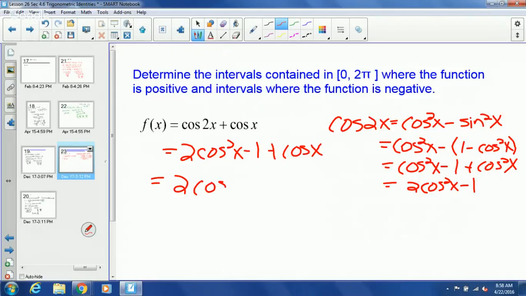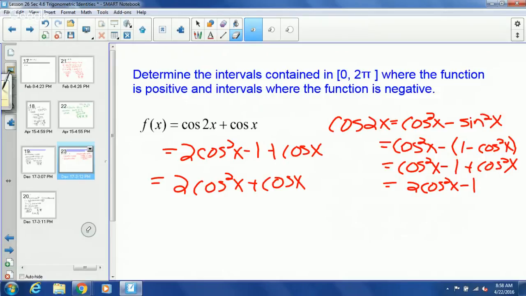So that's 2 cosine squared of x plus cosine of x minus 1, right? What can I do to that? I can factor. Now that one should be in the form you want. Remind me when we get to go back and check that over, if you factor that, it may work. I need to check this out.